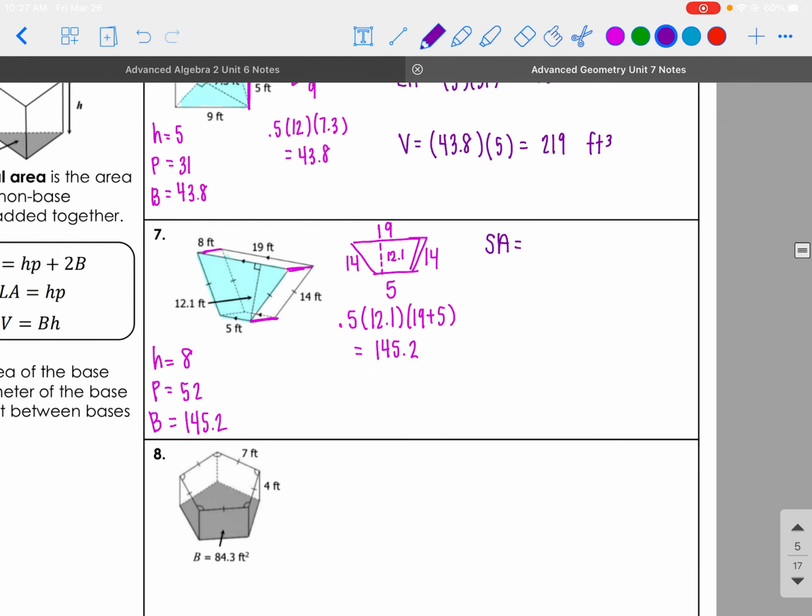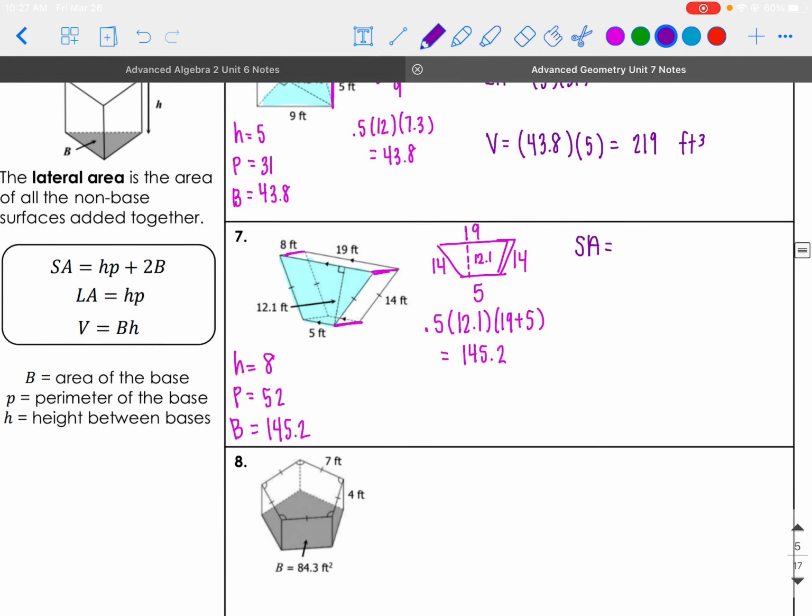So surface area is 8 times 52 plus 2 times 145.2. This is 706.4 feet squared.